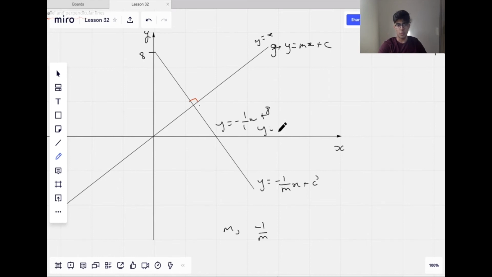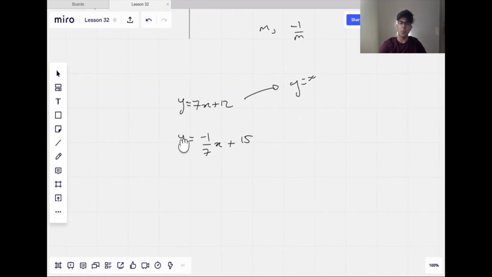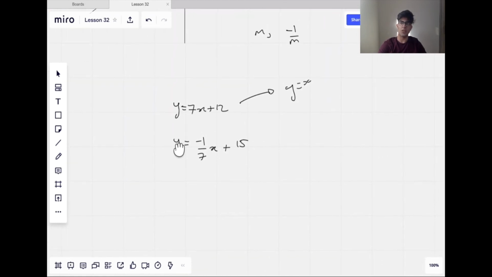So y equals minus x plus 8 is perpendicular. But at the same time, the line y equals minus x is also perpendicular, and so are lines down here and here, so there's an infinite number of lines that are perpendicular. So you won't be asked to find the line which is perpendicular, you can be asked to find a line which is perpendicular.